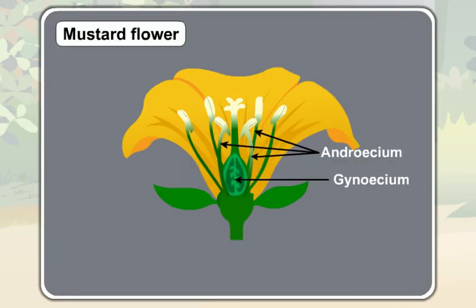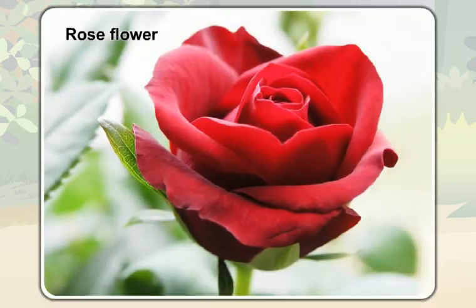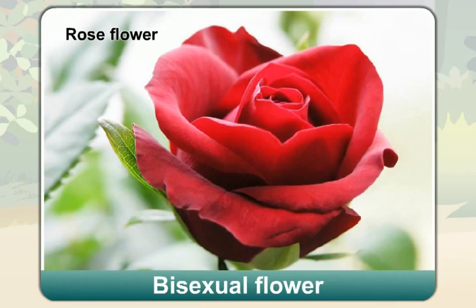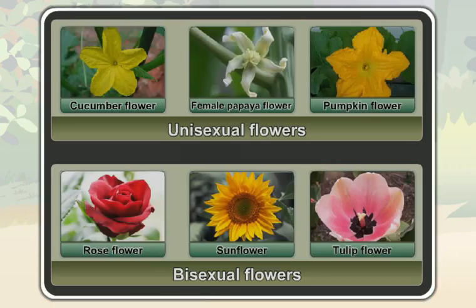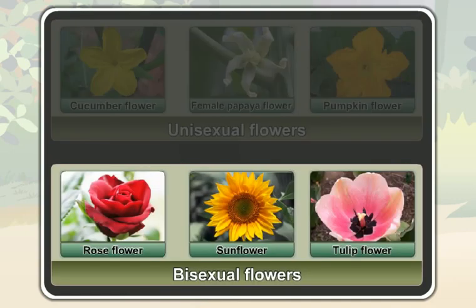So, the mustard flower is a bisexual flower. A rose flower is also a bisexual flower. So, some flowers are unisexual while some are bisexual.